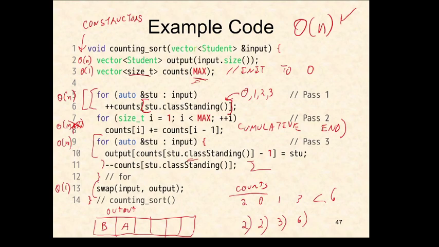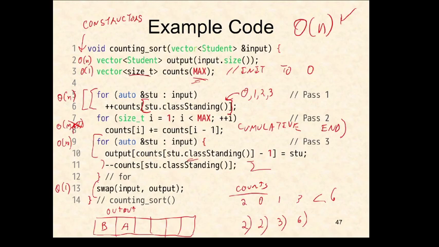So not only do we have to have a fixed number of possibilities, we have to have a way to change that possible value into an index in the range 0 to max, and that has to be a constant operation. So we've got to be able to turn a class standing into an index in O of 1 time. So the number of possibilities has to be enumerable up front. It has to have a fixed number of possible values.